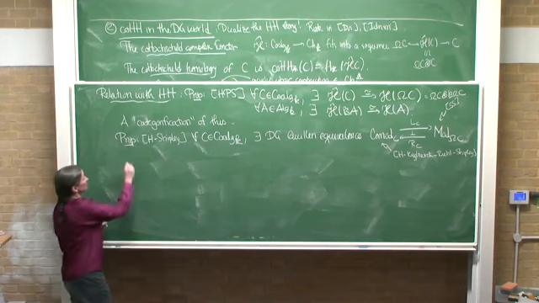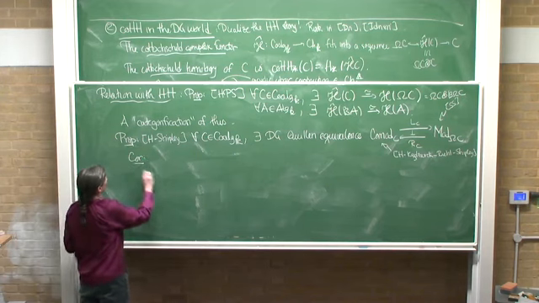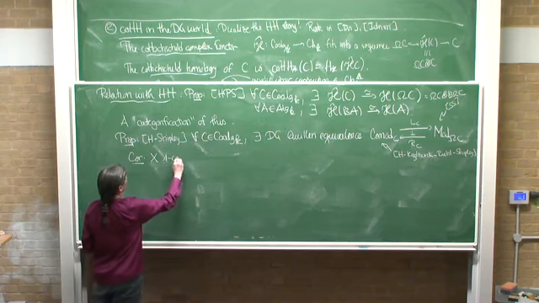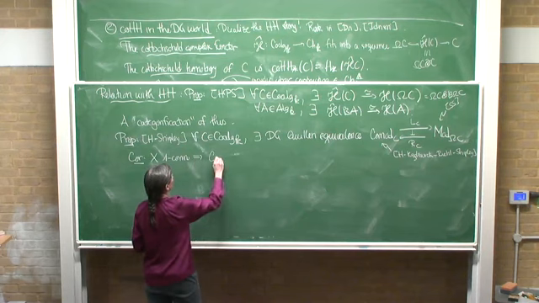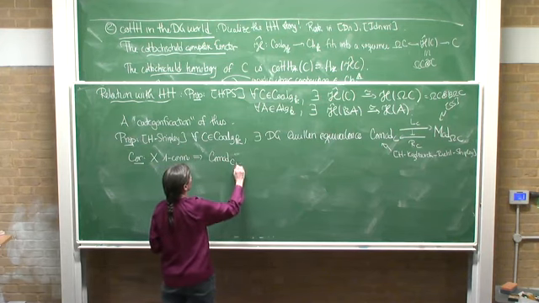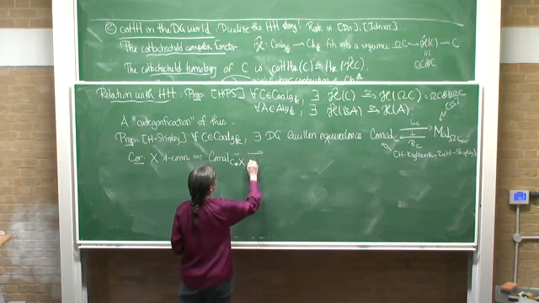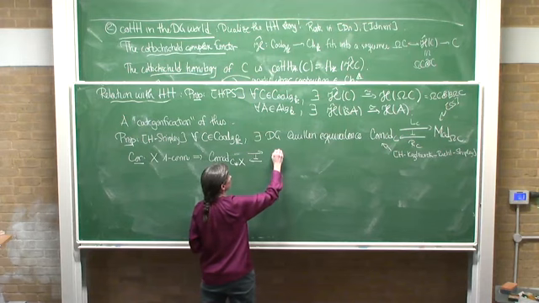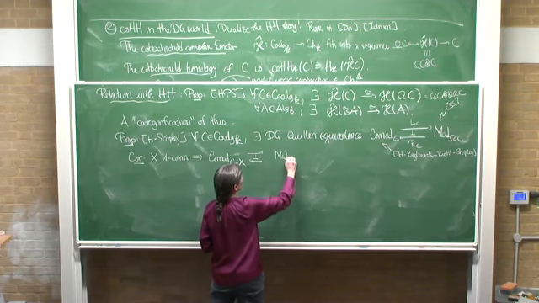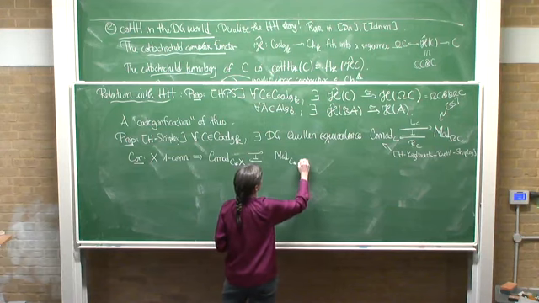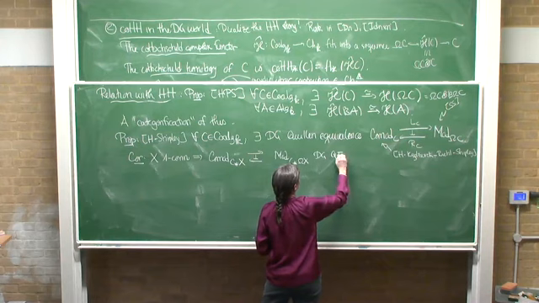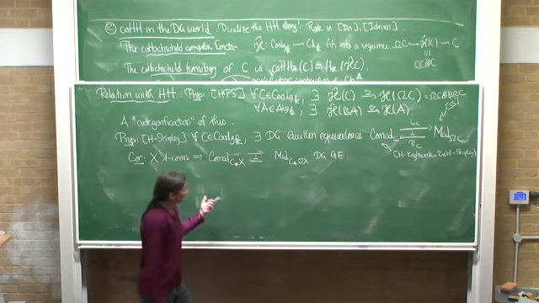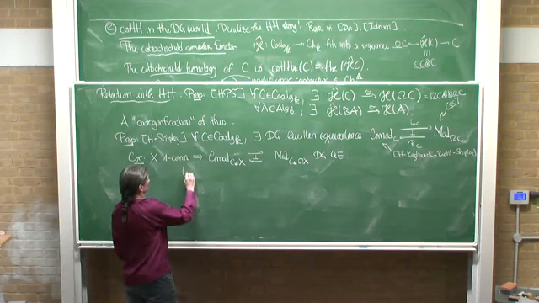Okay, and in particular, as a corollary of this, we know that if X is simply connected, then there's a Quillen equivalence like this. So why do I need things to be simply connected?